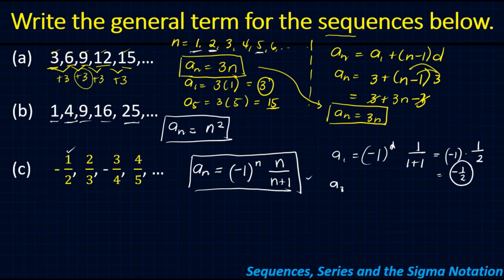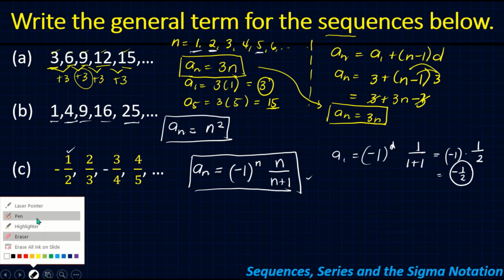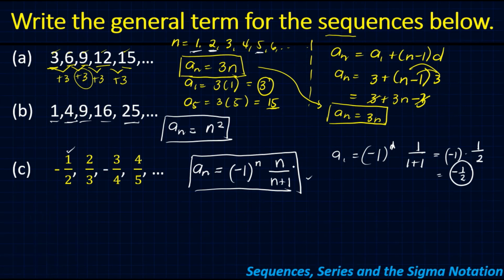How about if we have a sub 3? A sub 3 is equal to negative 1 raised to... Now, let us try a sub 4 or yung fourth term natin. A sub 4 is equal to negative 1 raised to, ang n natin is 4 times 4 over 4 plus 1.